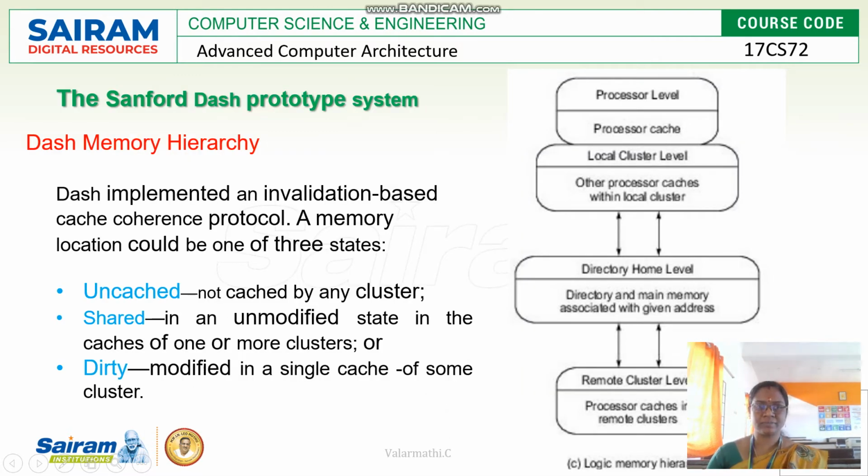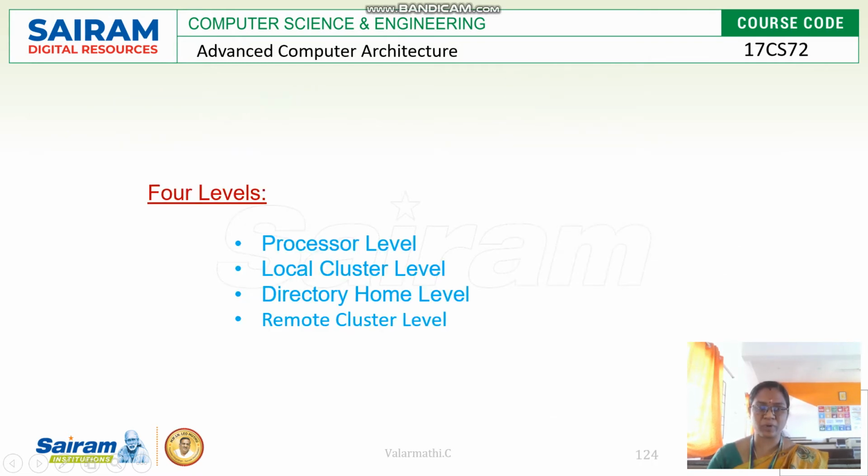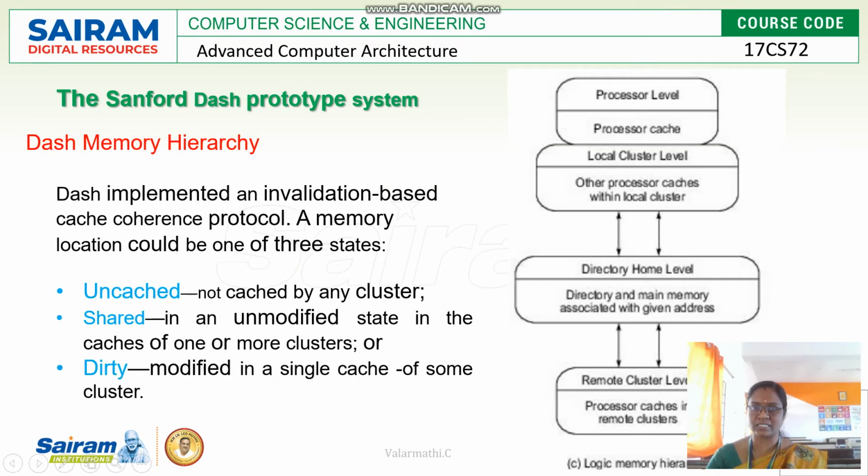Coming to the Dash memory hierarchy, there are four different memory hierarchy levels followed in this architecture: processor level, local cluster level, directory home level, and remote cluster level. We will see this in the diagram. The first level is the processor level, and the memory attached to that level is the processor cache. The next level is the local cluster level, where the other processors' caches within the local cluster are assigned.